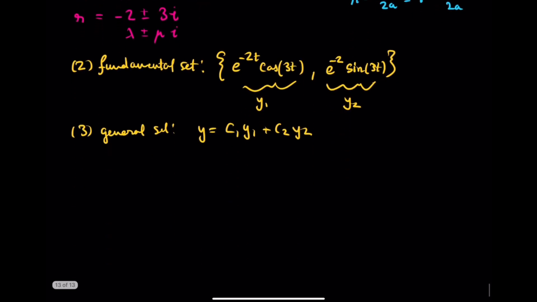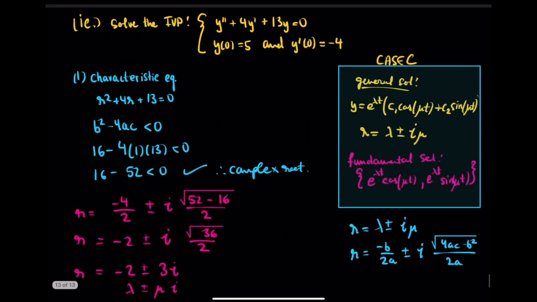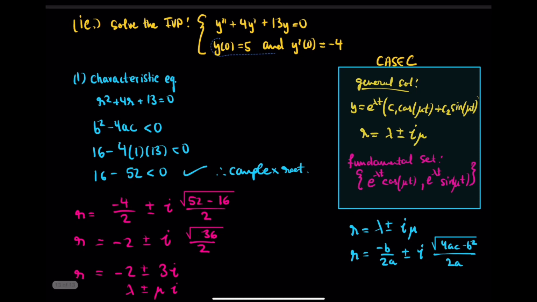And so now y equals c1, c1 is some constant, times e to the minus 2t cosine 3t plus, I should have put a t up here, c2 e to the minus 2t sine 3t. That's your y. All right, and now your two initial value problems were up here, like so.